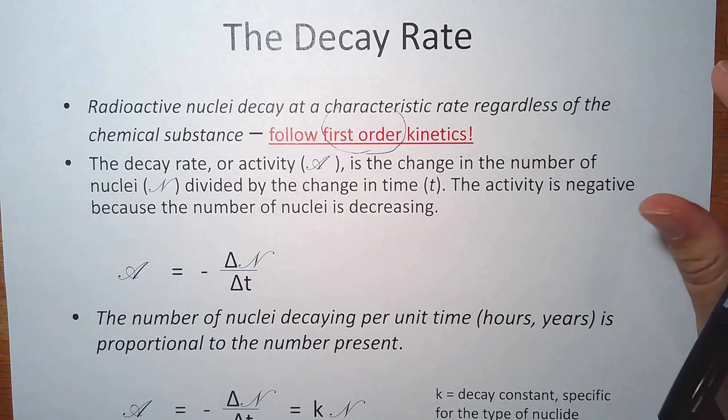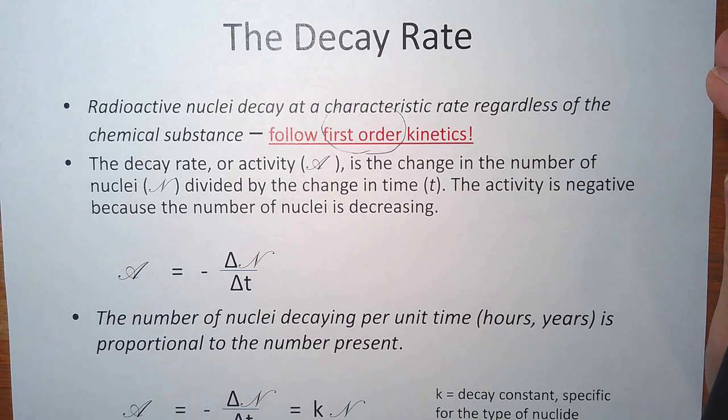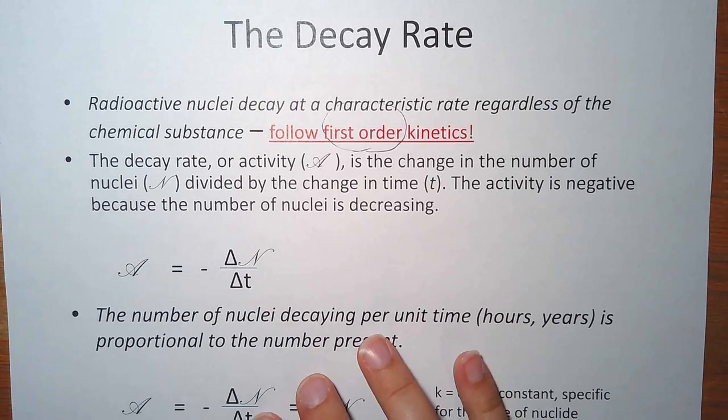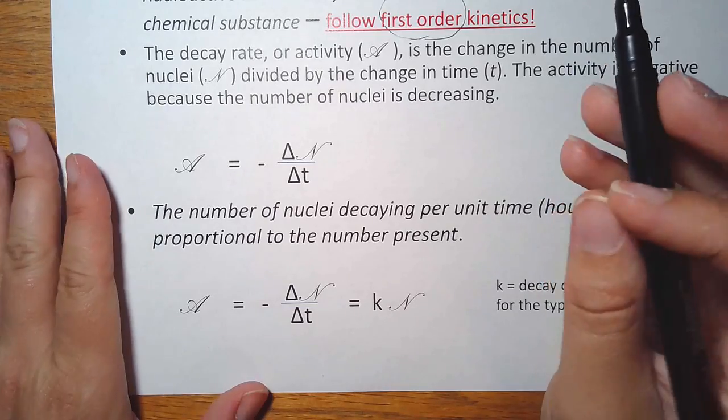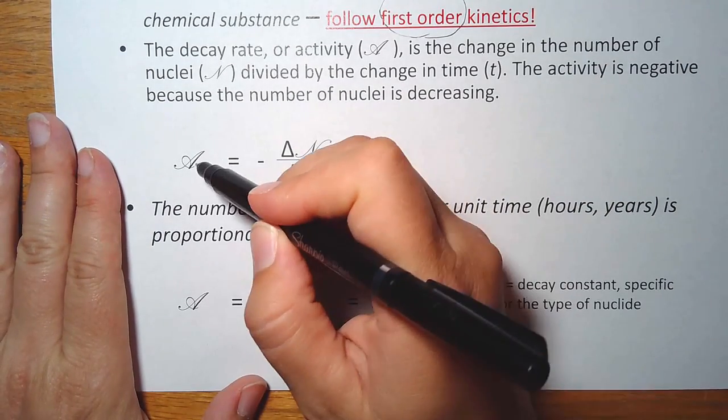So remember our first order kinetics, our same kind of equations that we've used before. Alright? All we're doing is changing some of the vocabulary, changing some of the symbols, but it's still the same idea. Decay rates are normally measured in terms of activity.